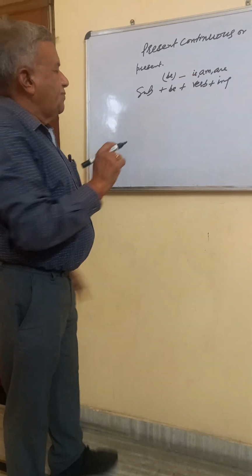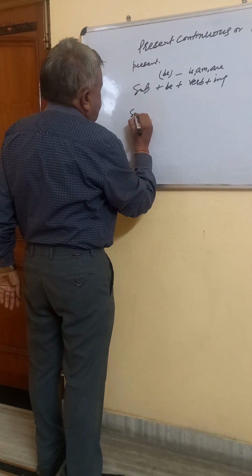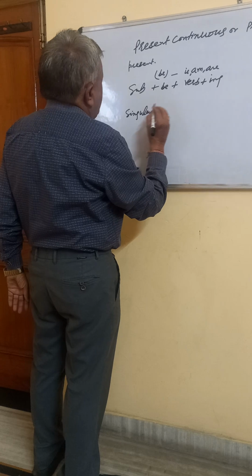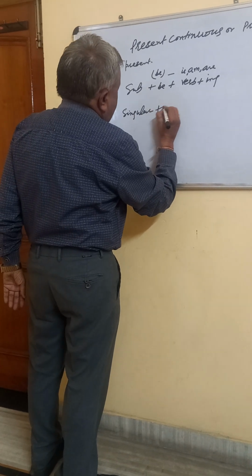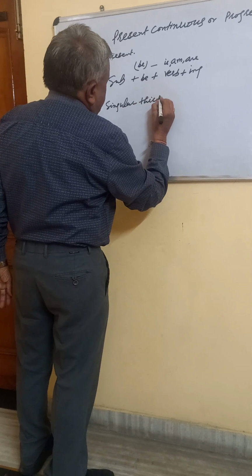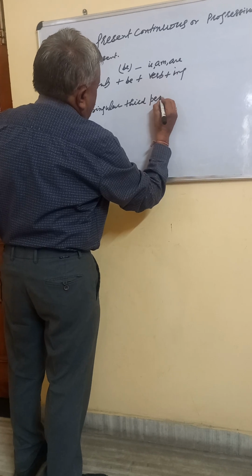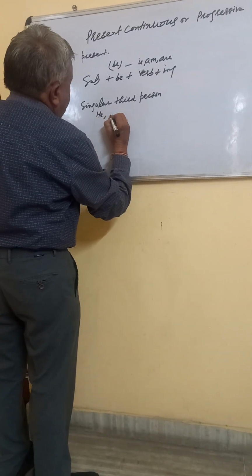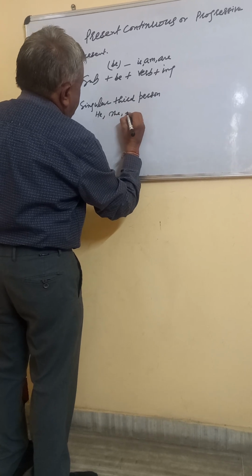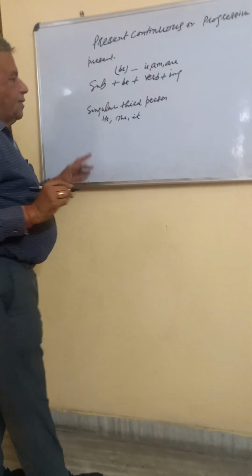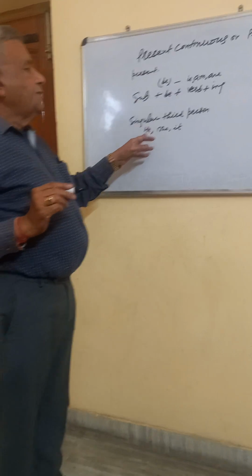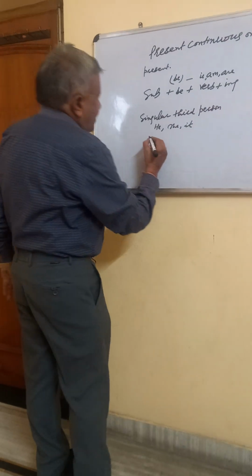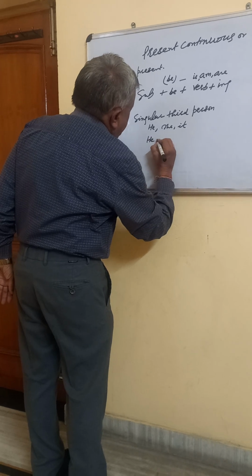And we use is when the subject is singular, third person, that is he, she, it. If there is a singular noun, then that stands for either he, she, it. So we say he is playing cricket.